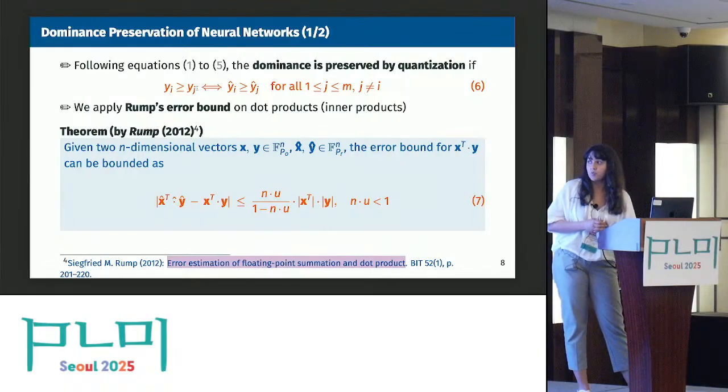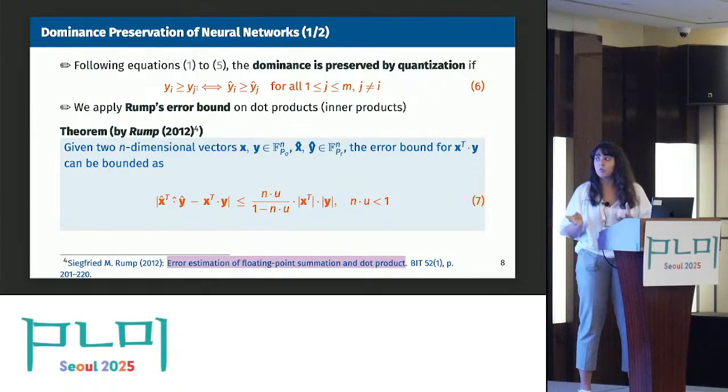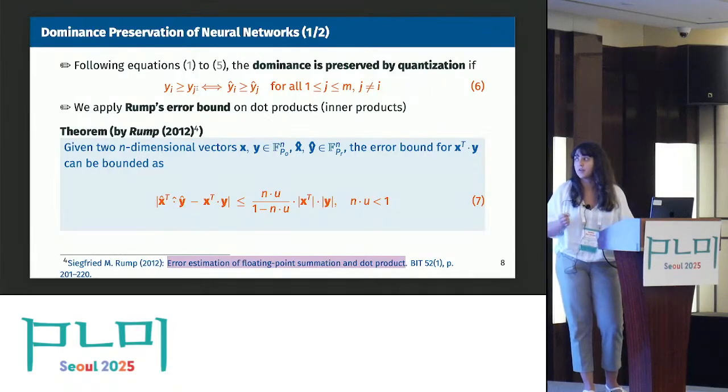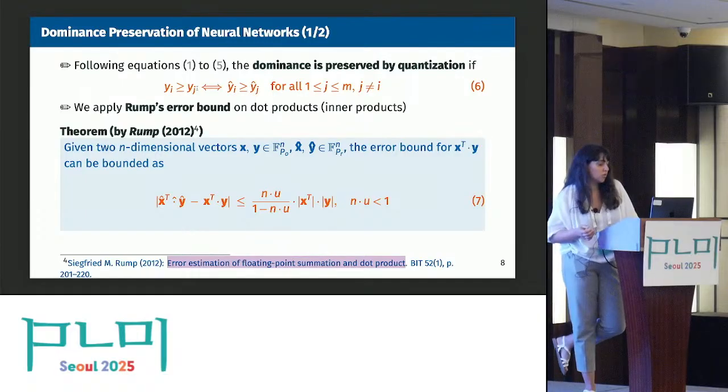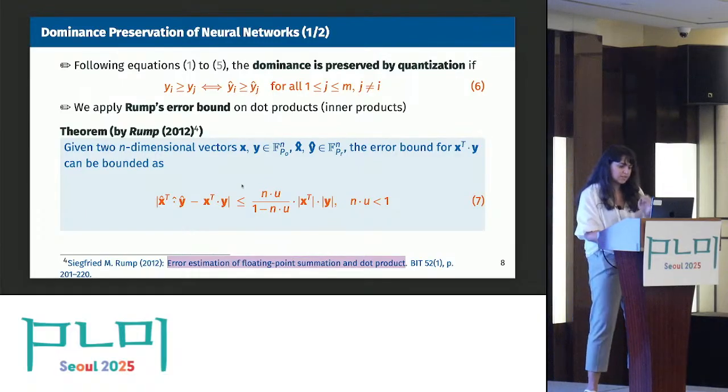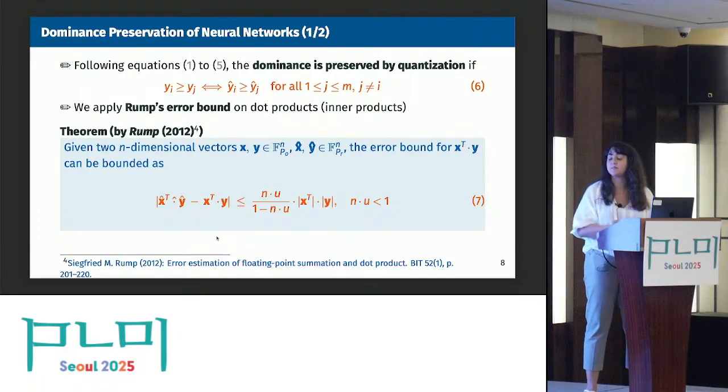For that, we will apply in this work the theorem of Rump's error bound on dot product. This theorem was published in the journal paper on error estimation of floating point summation and dot product in 2012.